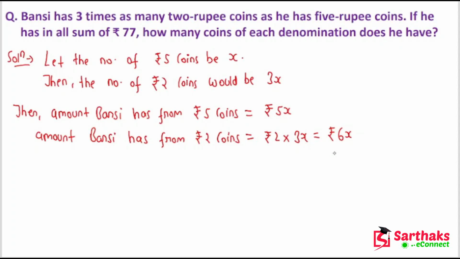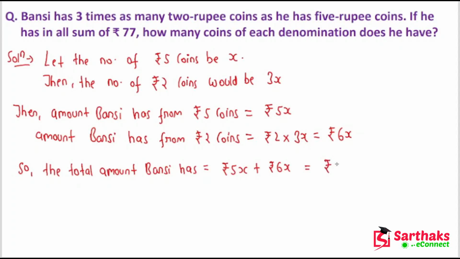So what is the total amount he has according to this calculation? The total amount Bansi has is equal to rupees 5x plus rupees 6x, which equals rupees 11x.